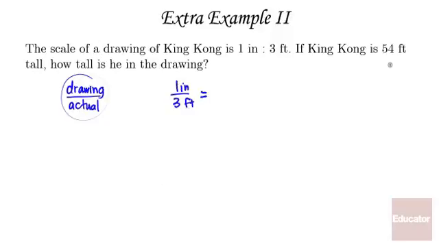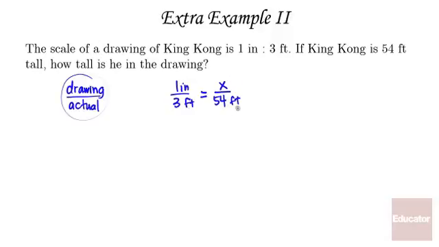Equals, King Kong is actually 54 feet tall, right? So that's going to go on the bottom because that's the actual. So 54 feet. How tall is he in the drawing? That is the top number, so that's x. That's what we're looking for.